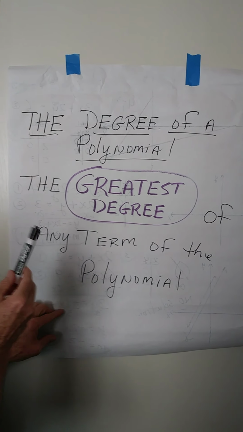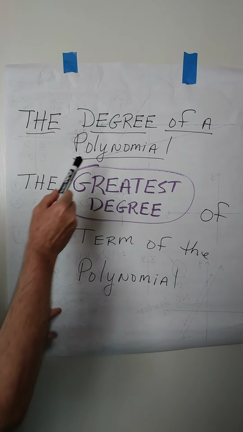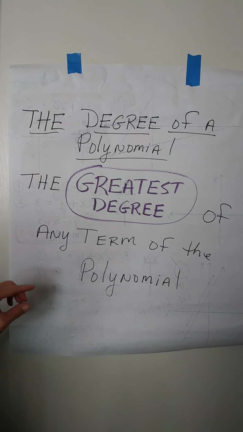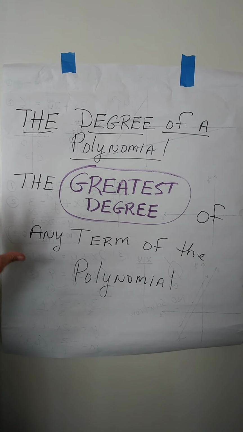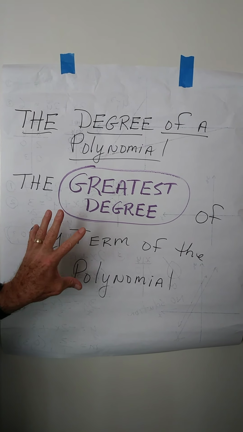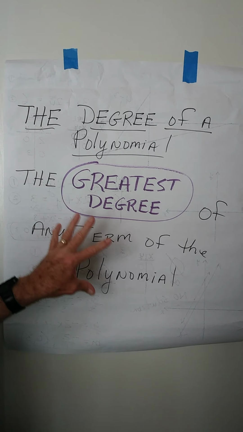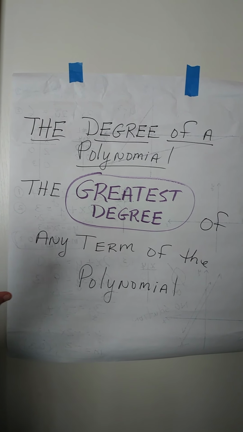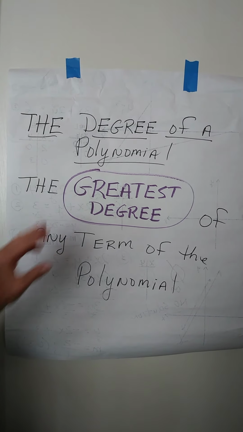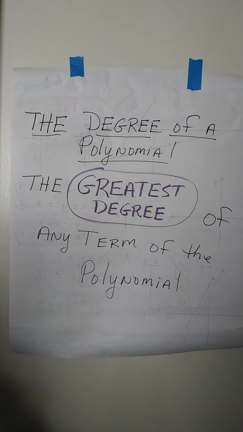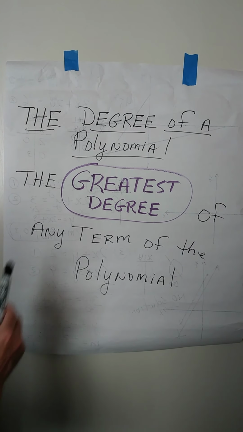Now let's hit the degree of a polynomial. Here are the key words. You're not going to necessarily understand what is meant when I just read this, but when we go to finding the degree of a polynomial, you'll see what I'm talking about.